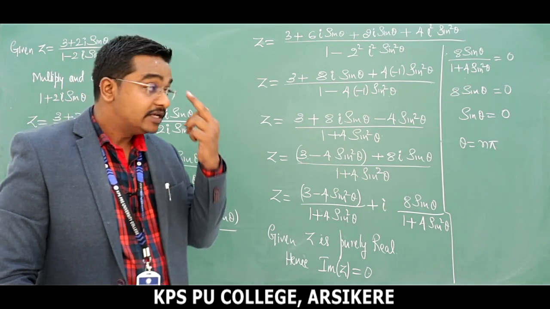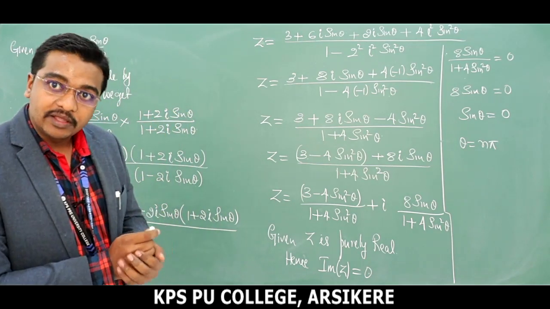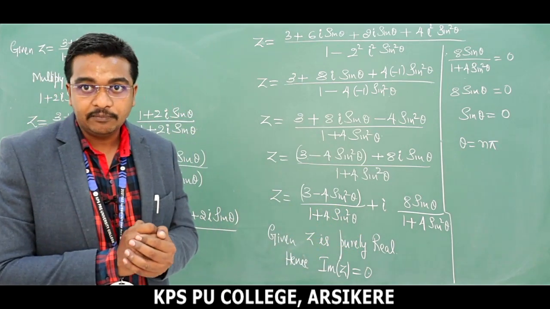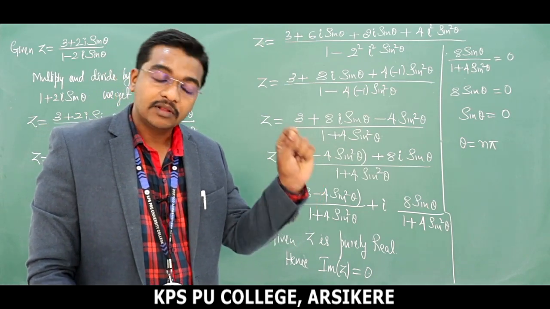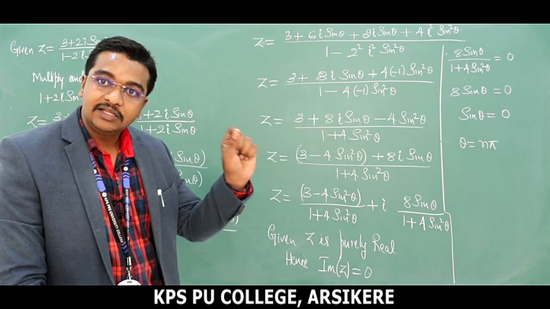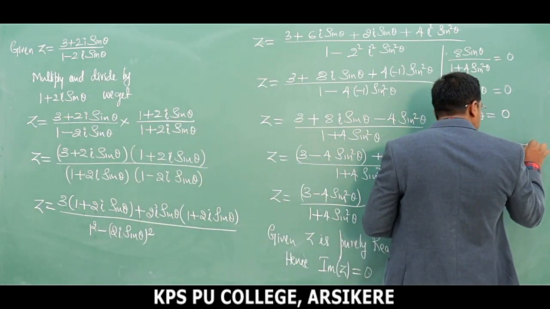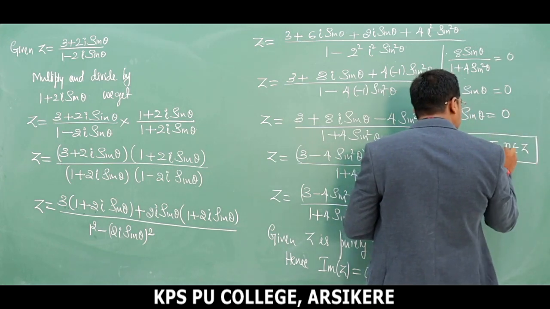At the same time sin of minus pi is also 0, sin of minus 2 pi, minus 3 pi, minus 4 pi, all values become 0. That is, at integral multiples of 180 degrees the value becomes 0. Hence theta is equal to n pi where n belongs to Z. Theta is equal to n pi where n belongs to Z.